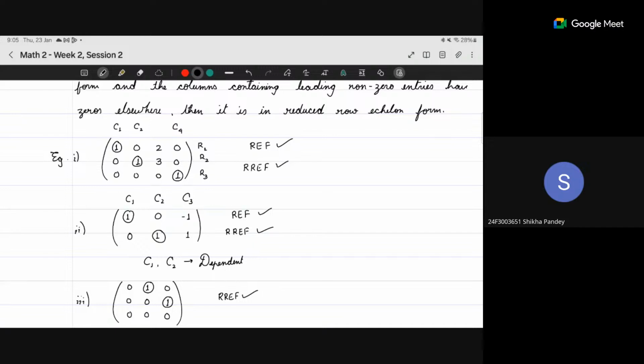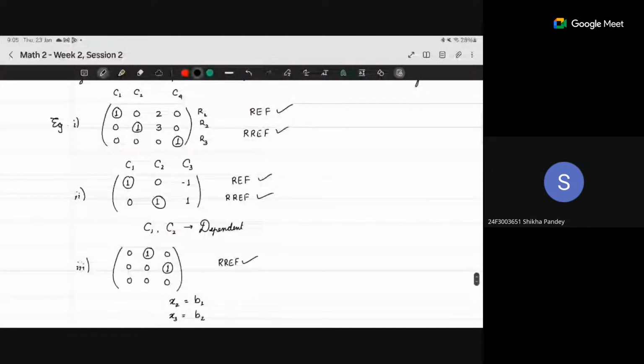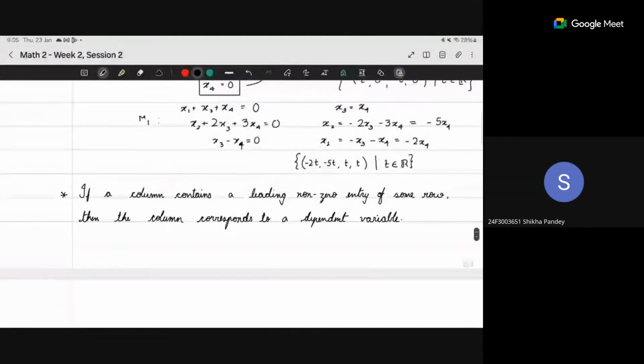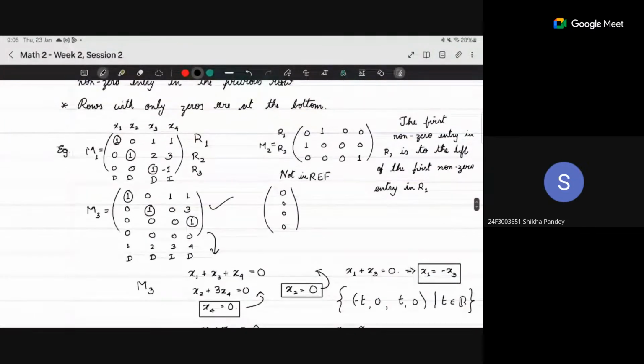If you have a coefficient matrix in RREF... Will RREF or REF be in the form of a square matrix? No, not necessarily. Here we have seen square matrices and non-square matrices, everything in REF, RREF, not REF, not RREF. I can give you a square matrix which is not REF also. It has nothing to do with the size of the matrix.